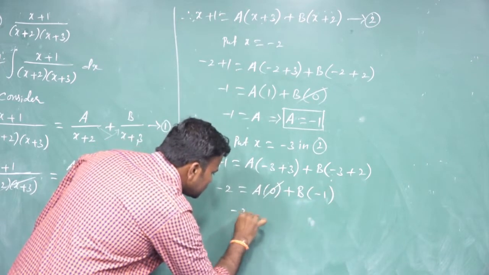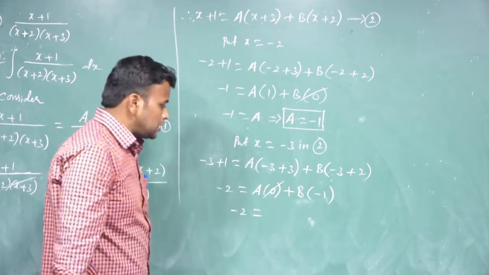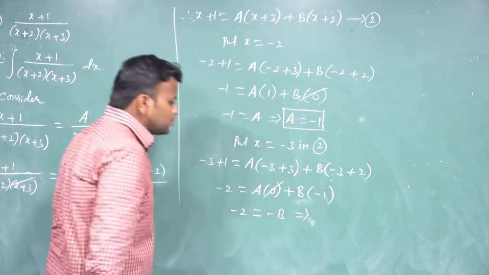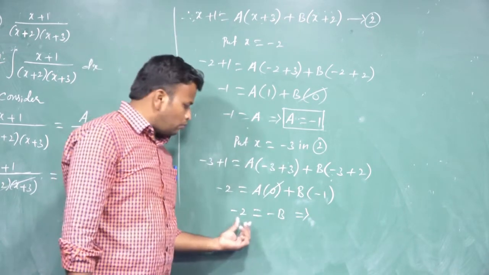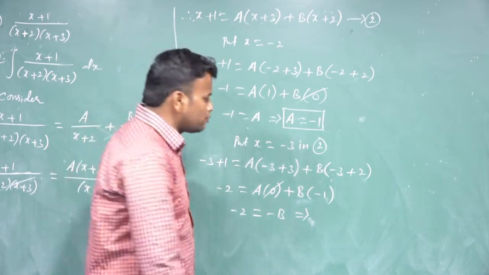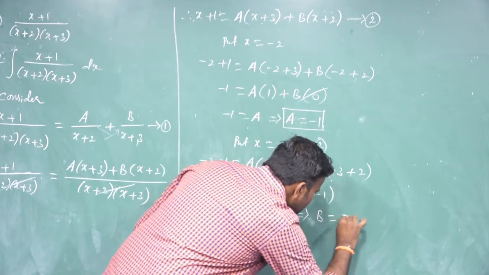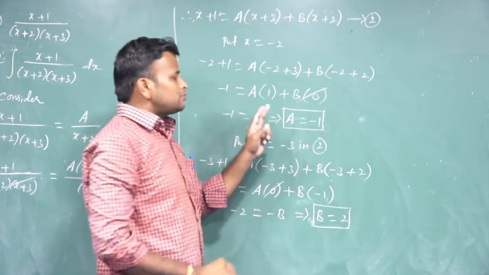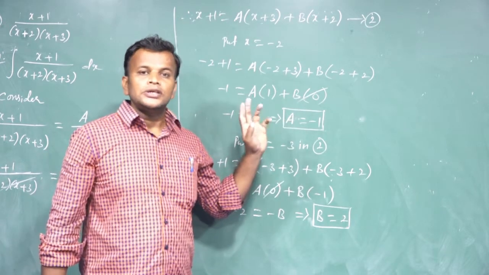So minus 2 is equal to b into minus 1, that is minus b. Both are minus signs, so multiplying by minus on both sides, the value of b is 2. So the value of a is minus 1 and the value of b is 2.